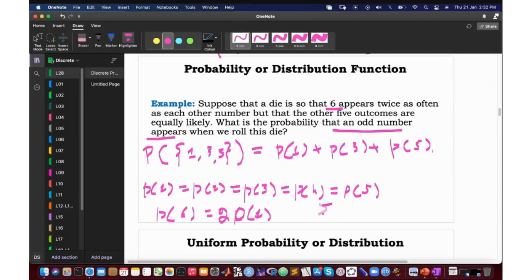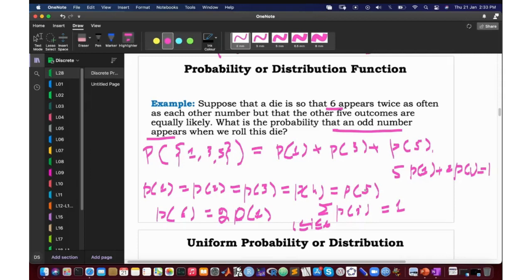And the sum of these probabilities, for i between 1 and 6, is equal to 1. And let us replace each one of them. So I would get 5 times probability of 1 plus 2 times probability of 1 is equal to 1.